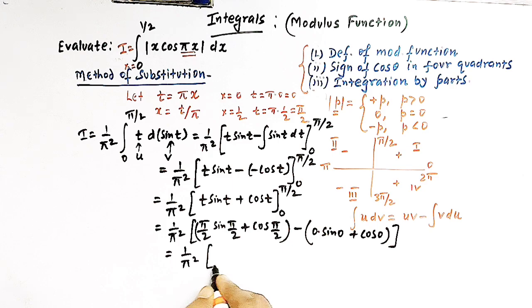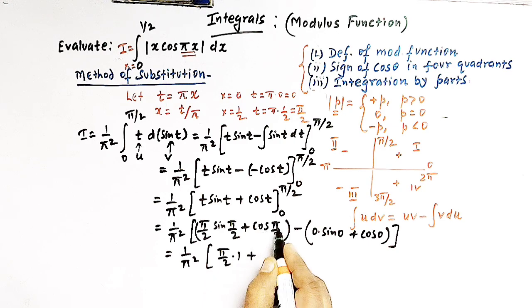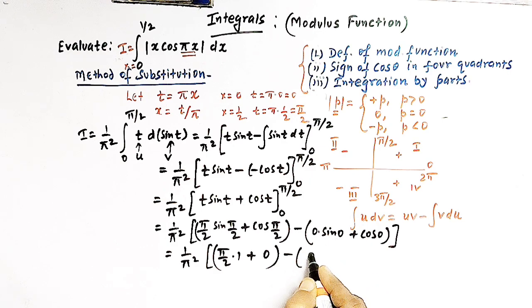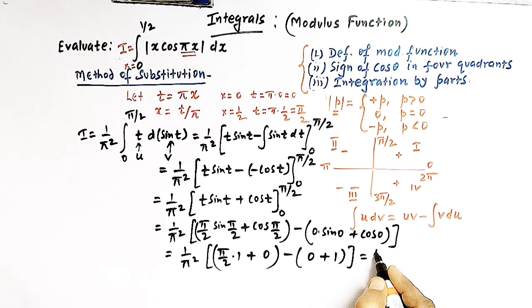So 1 over pi square, and here we have sine pi by 2 is 1. So we have pi by 2 times 1, and cos pi by 2 is 0, and here this term is 0. Sine 0 is 0, and then we have cos 0 is 1. So now we have 1 over pi square, and here we have simply pi over 2, and here we have simply minus 1, right?